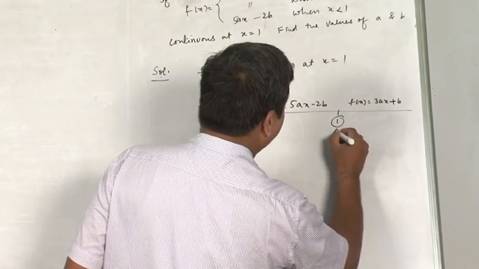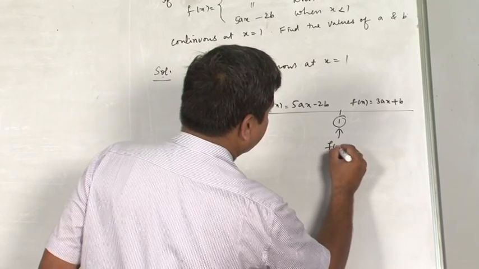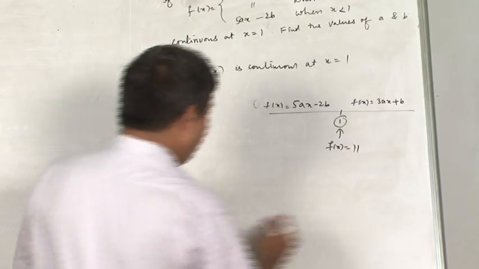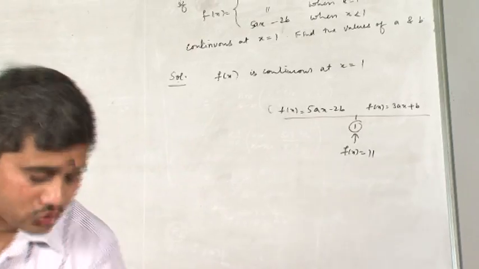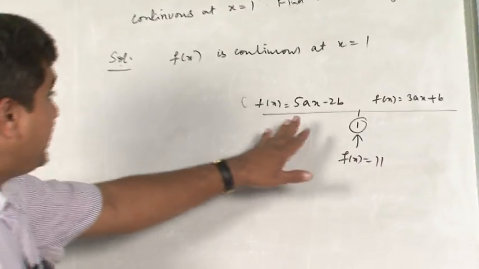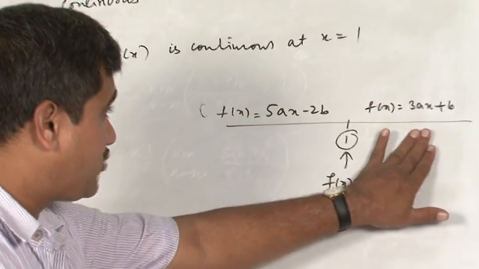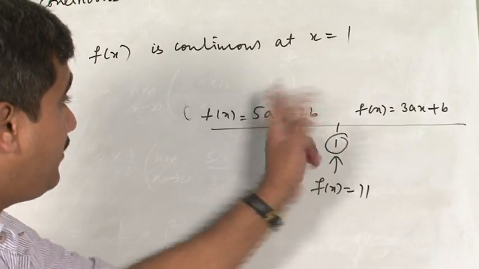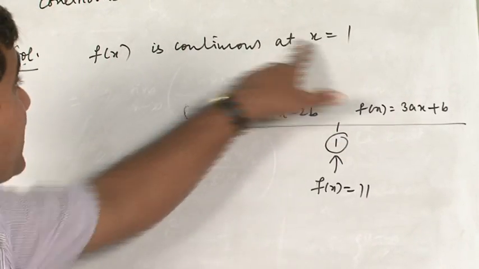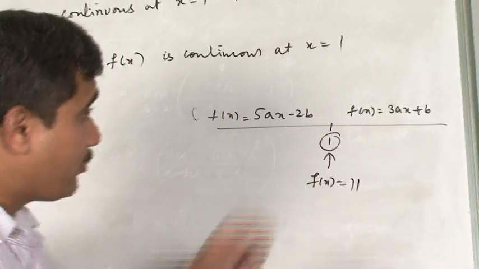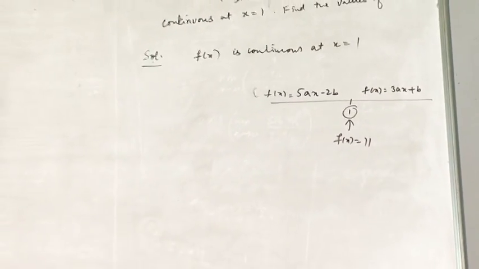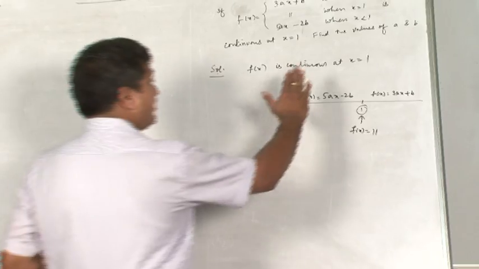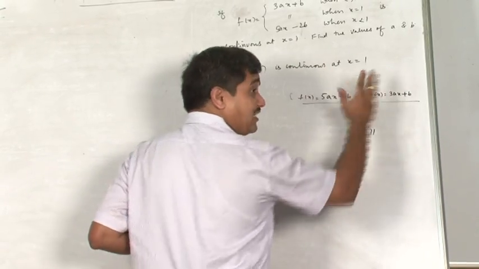Now, at this particular point, the function value f of x is equal to 11. So, what exactly I am trying to tell you is, when the function has a different structure on either side of the point where it was declared continuous, you have to proceed with the one-sided limit process. Why? Because the function's nature on the left side and right side are different.